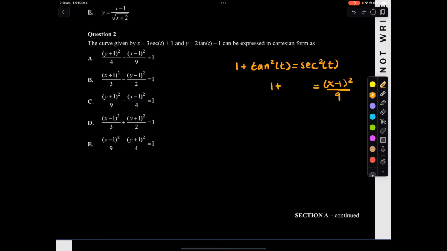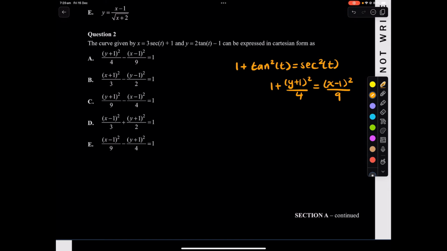Let's solve for tan. It's y plus 1 over 2. Imagine squaring both sides. That's your tan squared t. So let's write that down. Done. So that's your relation.